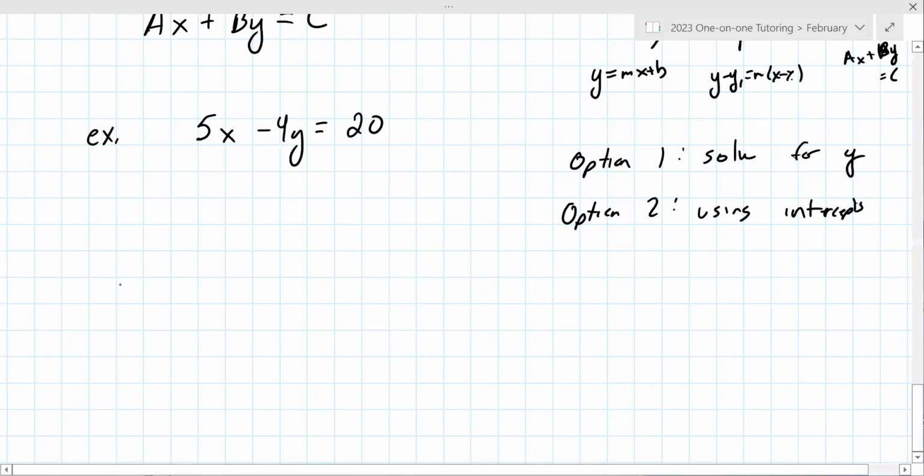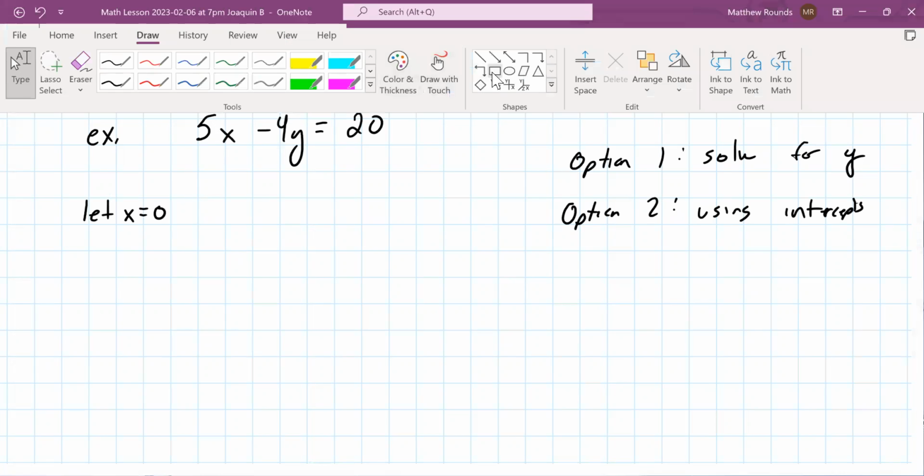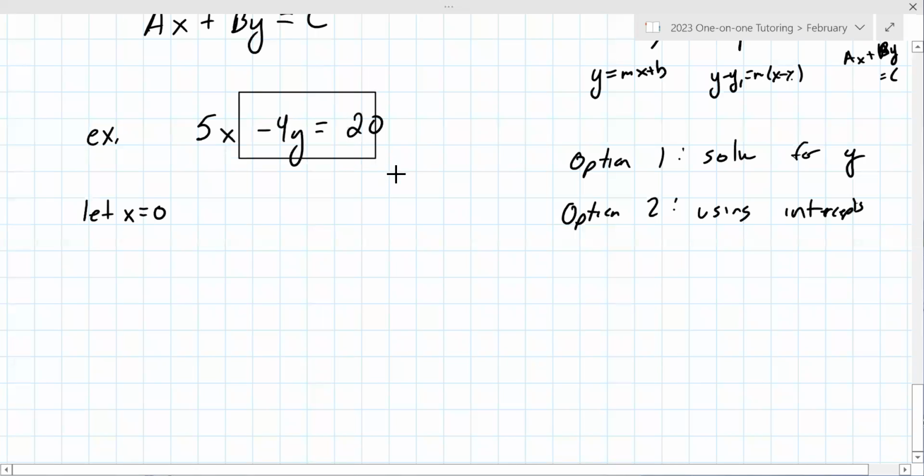So here's the intercept approach. You say let x equal 0. If you let x equal 0, you're now just looking at this part of it, because 5 times 0 is 0, minus 4y equals 20. Then you're solving for y.